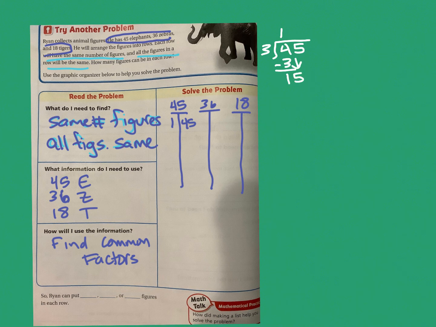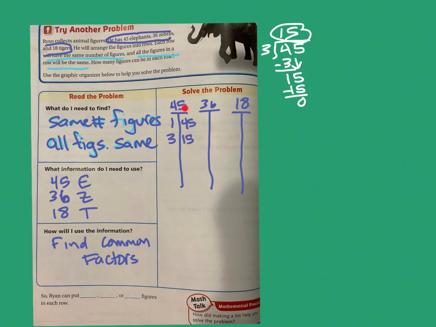Bring down the 5. 3 times what equals 15? 3 times 5 equals 15 exactly. And we knew it was going to be exact with no remainder because of that divisibility rule for 3. So the answer is 15. 3 times 15 equals 45.